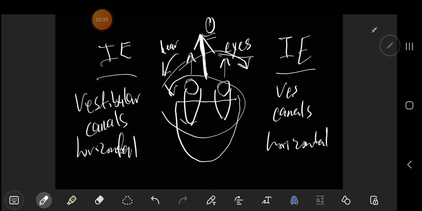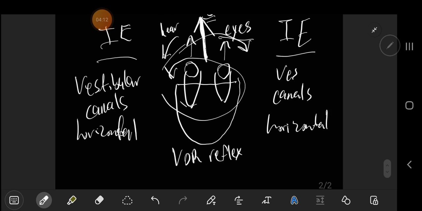They are staying in the same direction if you are fixating on something in front of you. This is what is called the VOR reflex, which understands that you move your head rotating it to the left, so it rotates your eyes in the opposite direction. If you rotate your head to the left, your eyes will be rotated to the right in order to stay on the same spot.